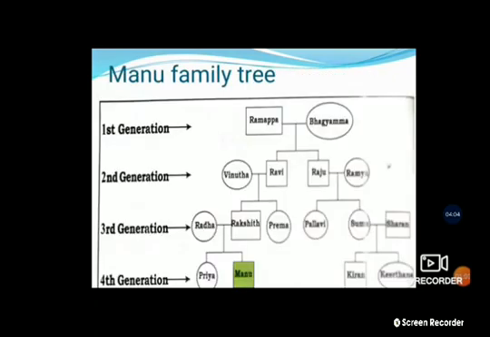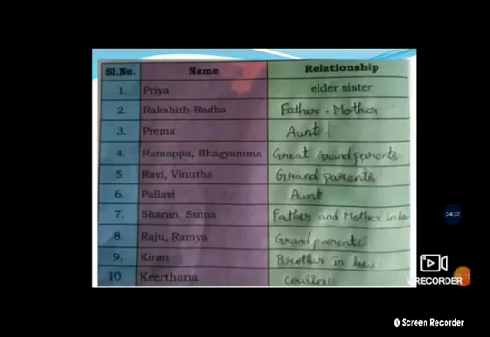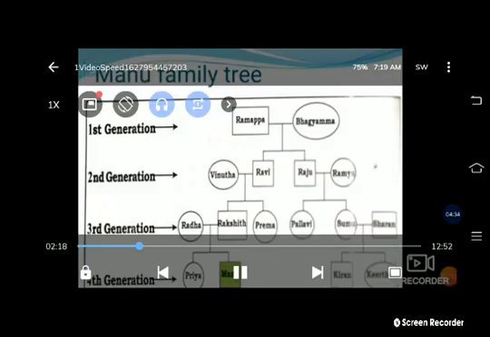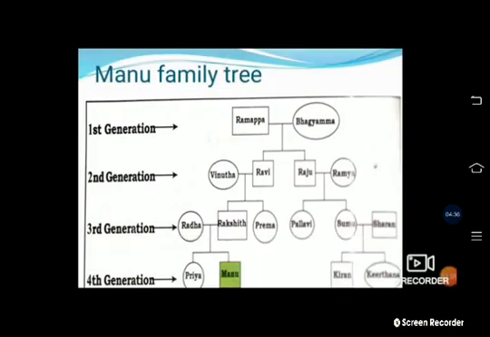Family. Then see Manu's family tree. Manu's family has four generations. Ramappa and Bhagyamma are the grandparents, and after Ramappa and Bhagyamma come Vinuta and Ravi, and Raju and Ramya. Vinuta and Ravi's children are Prema, and Radha and Rakshit. After them come Priya and Manu.